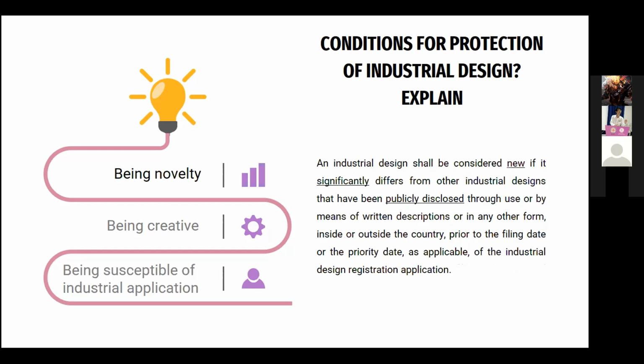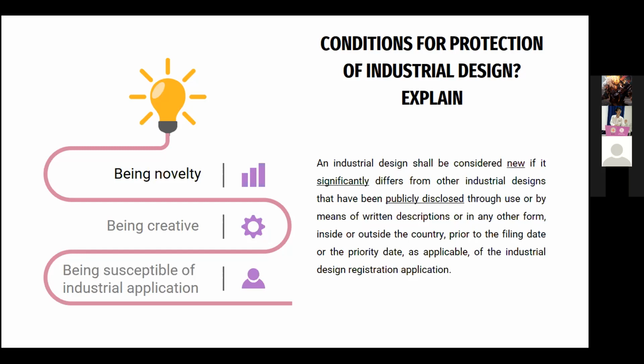Industrial design is published by another person without the permission of the person having the right to register it, defined in Article 86 of this law. Industrial design is published in the form of a scientific presentation by the person having the right to register it, defined in Article 86 of this law.